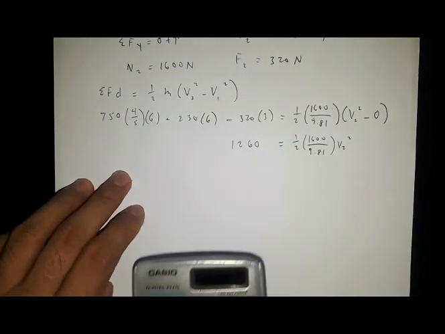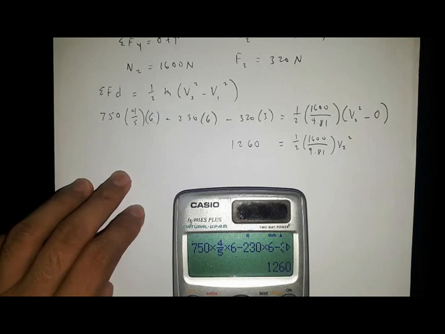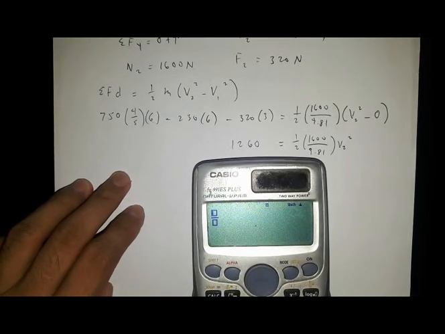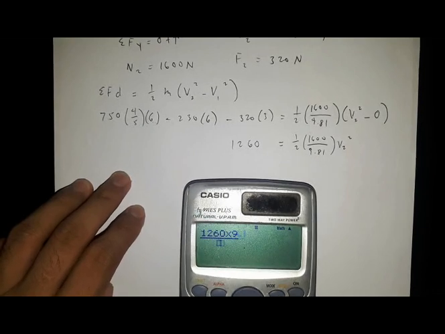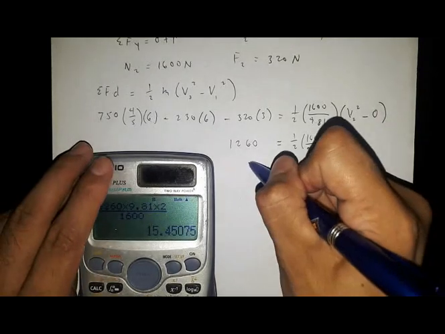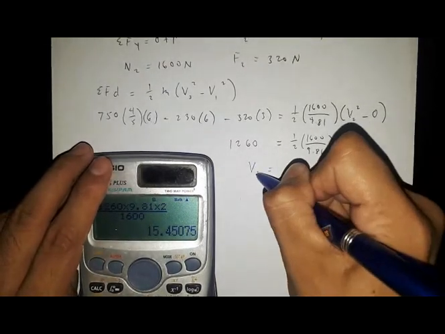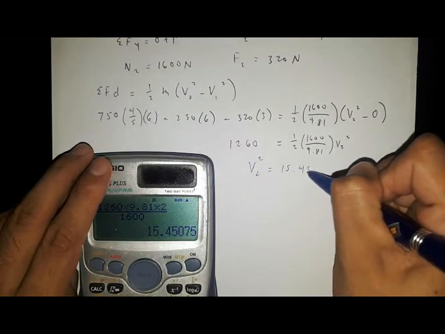So now divide all of this by 1,260. That will be 1,260 times 9.81 times 2 over 1,600. So v2 squared equals 15.45.